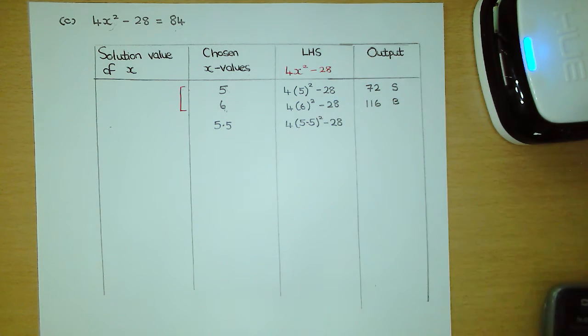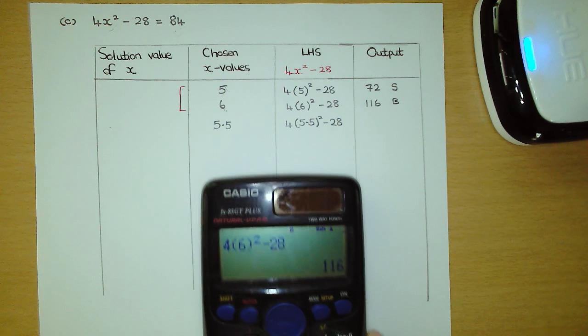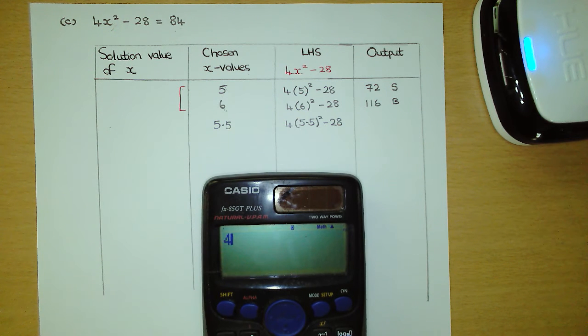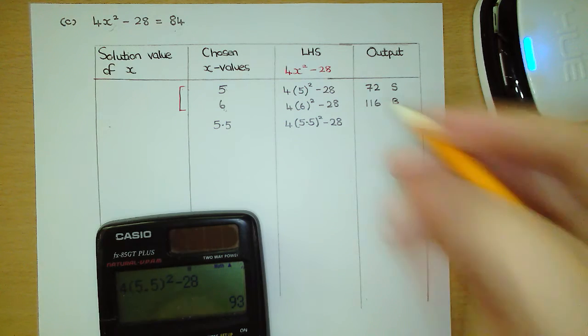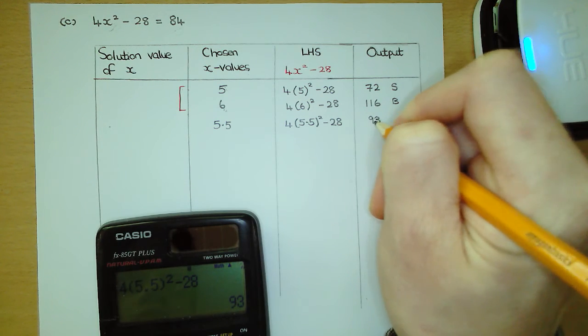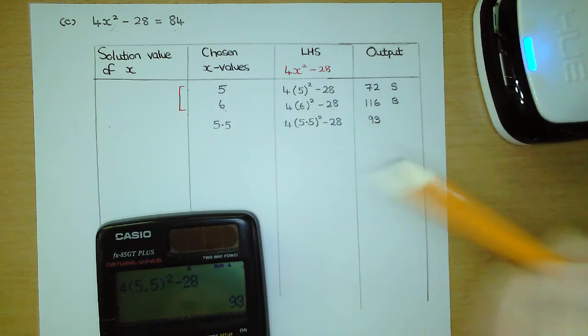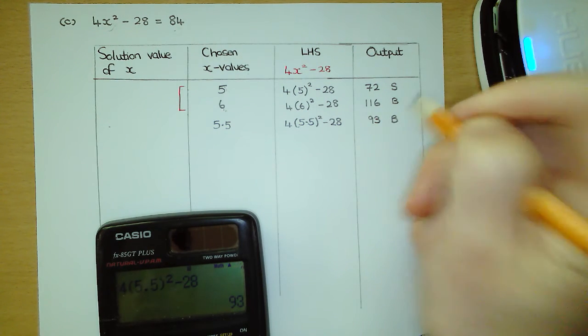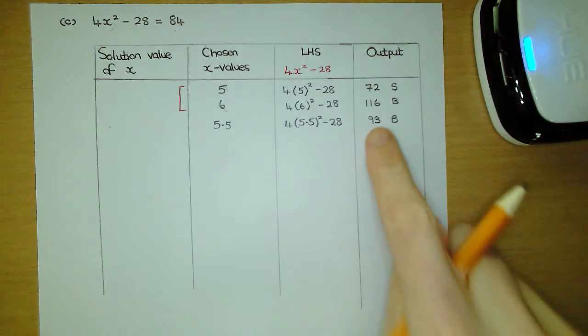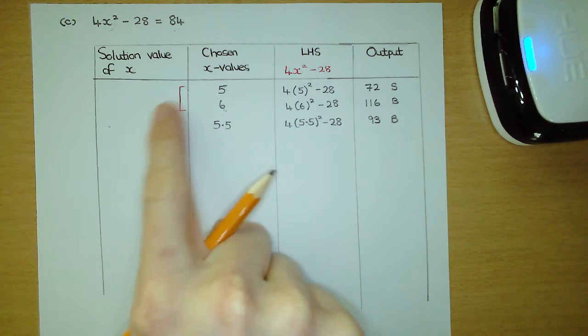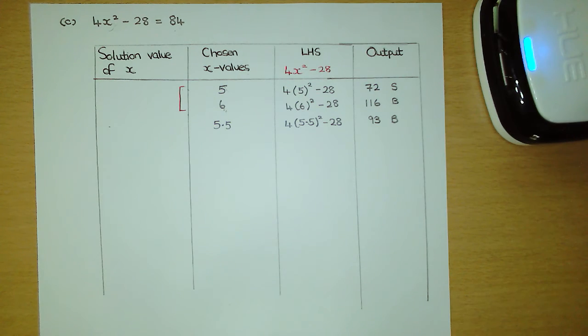And again, go to your calculator and type it in carefully. That's going to give us an output of 93. So clearly 93 is still bigger than the target number. So every time we get a new output, we have to then recalculate the gap.